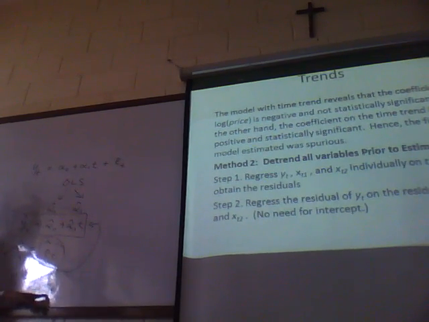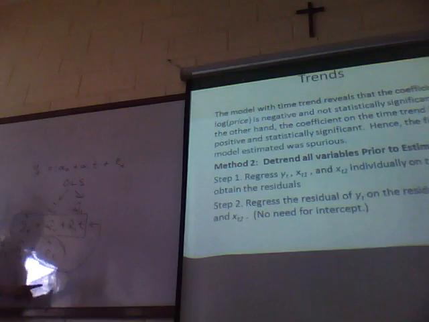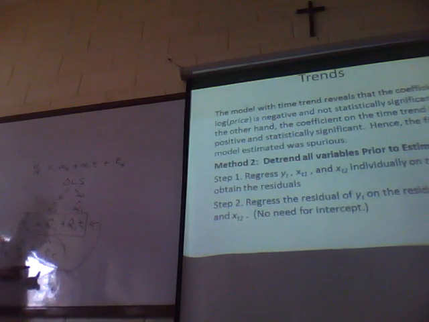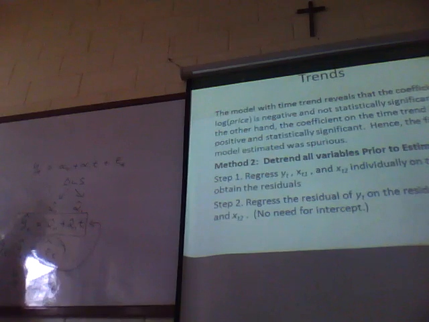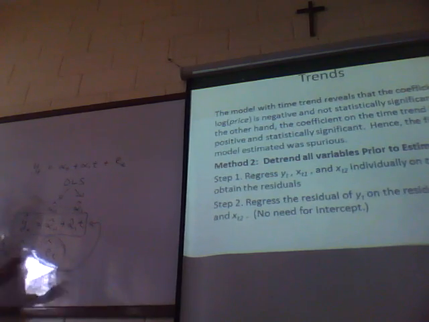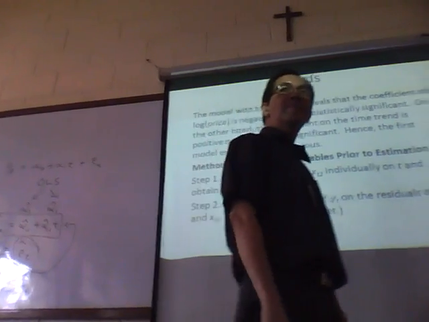So the error curve is not systematically linked to time. Y hat is that part of y that is systematically linked to time, and therefore you only use the other part that is not systematically linked to time. Okay? Questions?